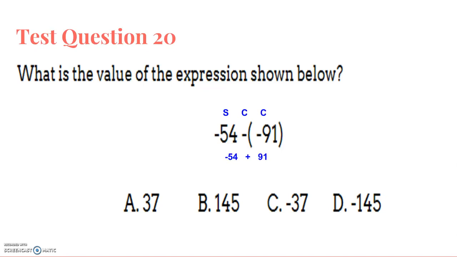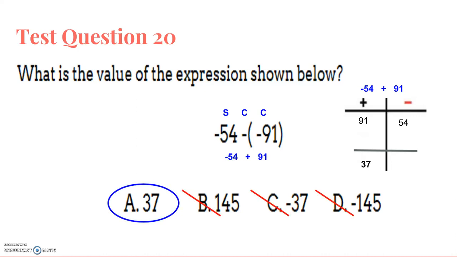We're going to change the minus to a plus, and we're going to change the -91 to a +91. -54 plus 91 can also be used with scoreboard because now it's an addition expression. So we have 91 positives and 54 negatives, and now we're going to see who wins. Well, we know the positives win by 37. So therefore our correct answer is A.